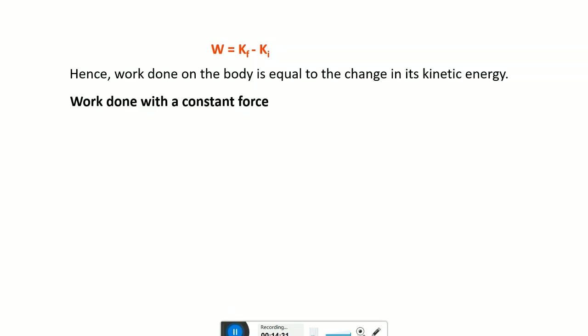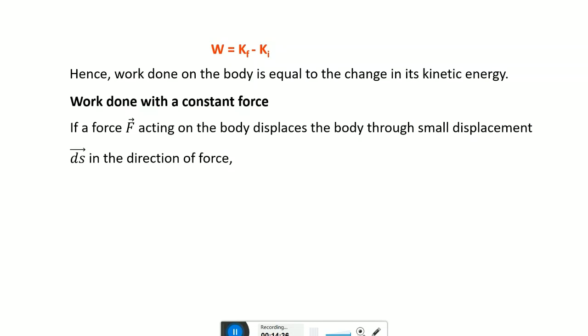Then next one is work done with a constant force. If a force F acting on the body displaces the body through small displacement ds in the direction of force, then dW is equal to magnitude of vector F into magnitude of vector ds, which is equal to F ds.